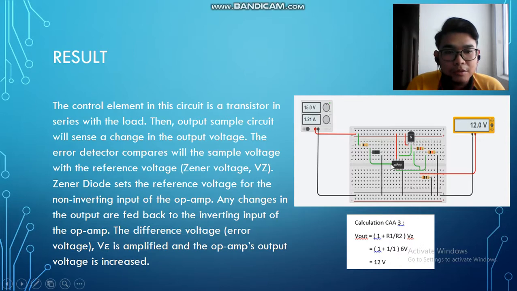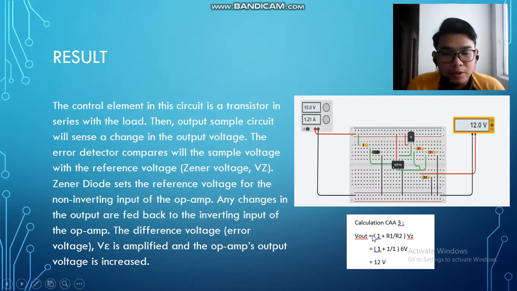The reference voltage is referred to the Zener diode, and the Zener diode is set as the reference voltage for the non-inverting input of the operational amplifier, and any change in the output is fed back to the inverting input of the operational amplifier. The different voltage, or we call it the error voltage, is amplified, and the operational amplifier output voltage is increased.